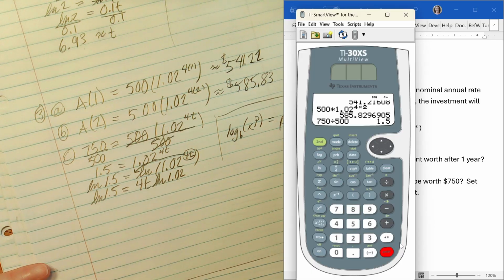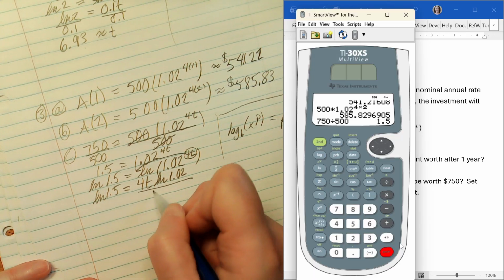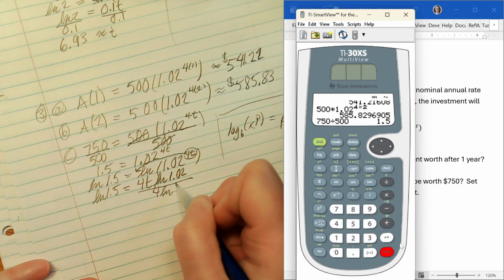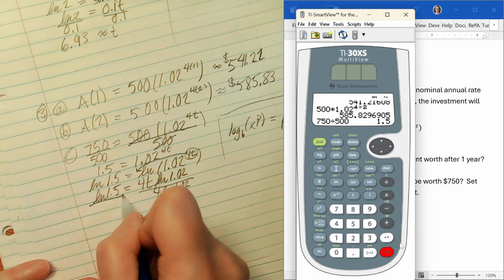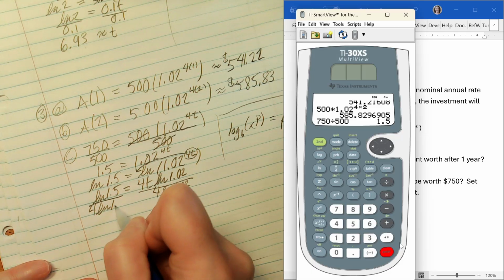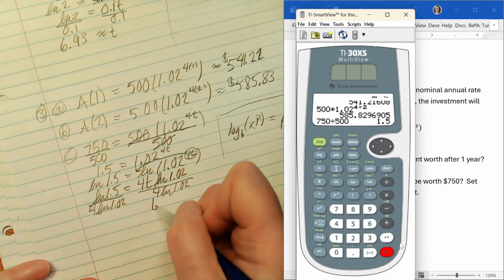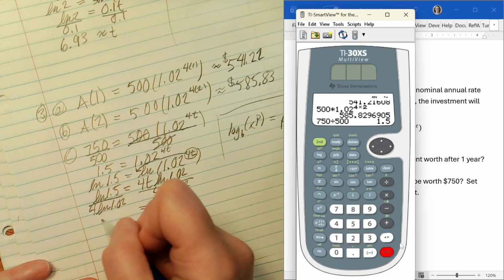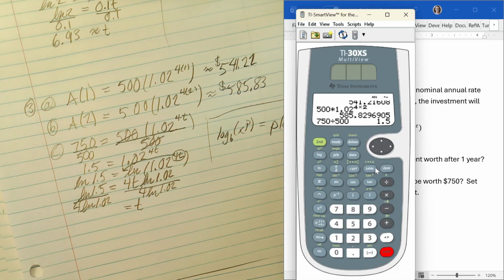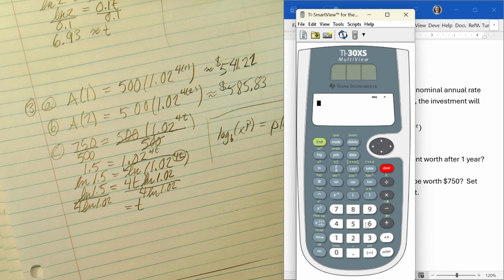Once it's just a single number inside the log, I don't need to write the parentheses around it anymore. And now finally, to isolate t, I'm going to divide both sides by 4 times ln of 1.02. So on the right-hand side, that's just going to leave me with t, and on the left-hand side, this is some big number. Let's find out what number.